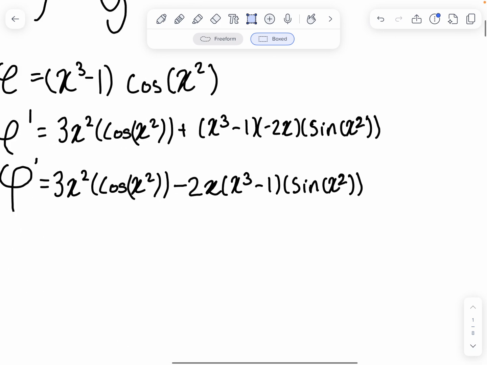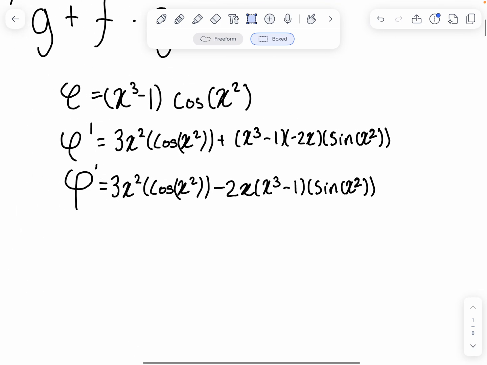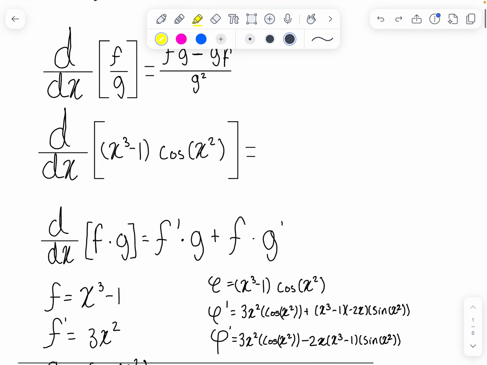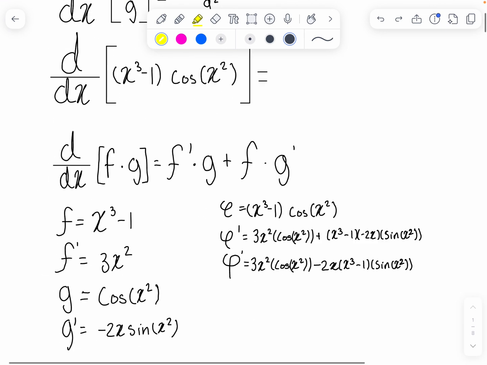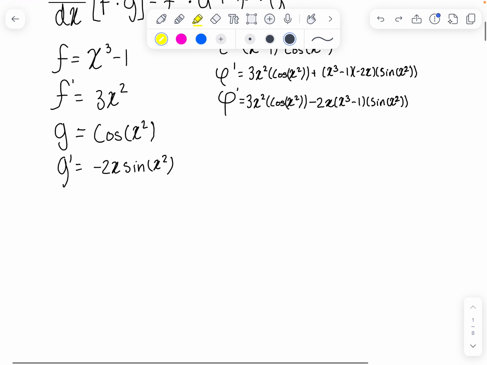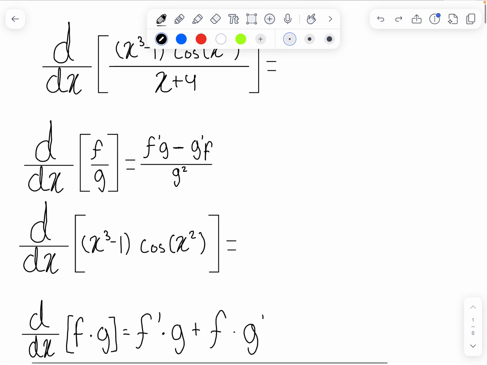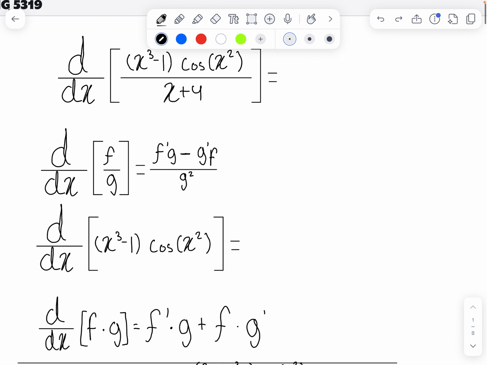Okay. And now that we have that, we use this derivative for the quotient rule. So now you're understanding why this is so tedious. So let's bring this rule down.